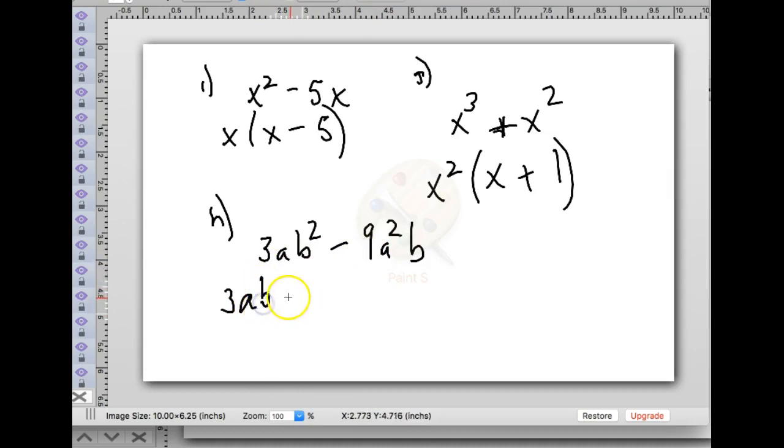And then I have a b. What does that leave me with? 3a, that leaves me with just a b there, minus 3 times 3 is 9. And then what's left here? I pulled out 1 a, so that left me this a. The b's been pulled out completely. So there you go, 3ab times.